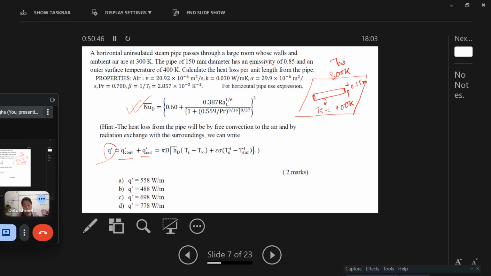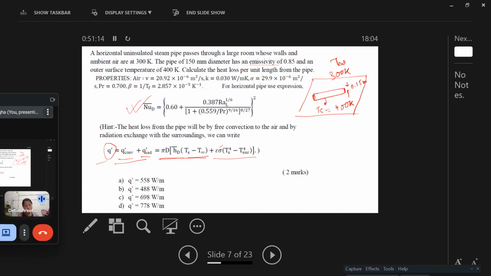They have already given this as a hint, and the formula for this is well known. For convection, it is pi D h_D (Ts minus T infinity), and for radiation the heat loss is given by epsilon sigma (Ts to the power 4 minus T surrounding to the power 4), where sigma is the Stefan-Boltzmann constant.